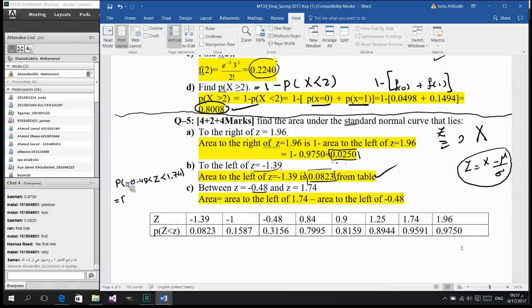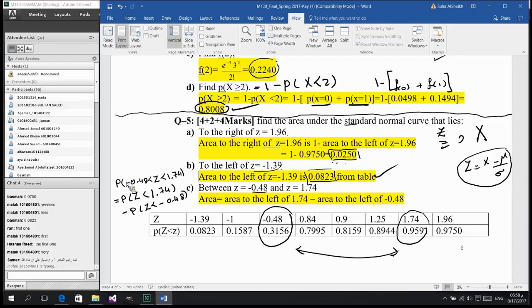I can change this to the probability of z less than 1.74 minus the probability of z less than minus 0.48. Those two you get from the table directly: this value for 1.74 and this value for minus 0.48. Subtract the two values and you get the result that you are looking for.